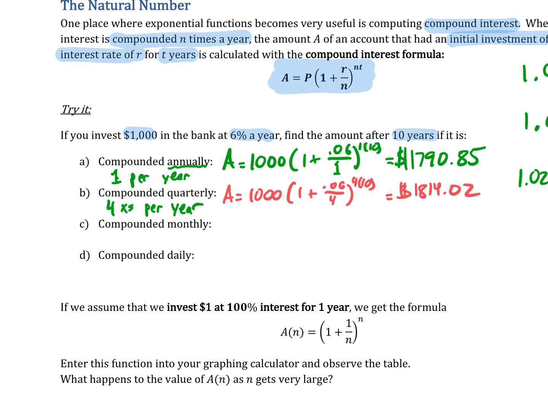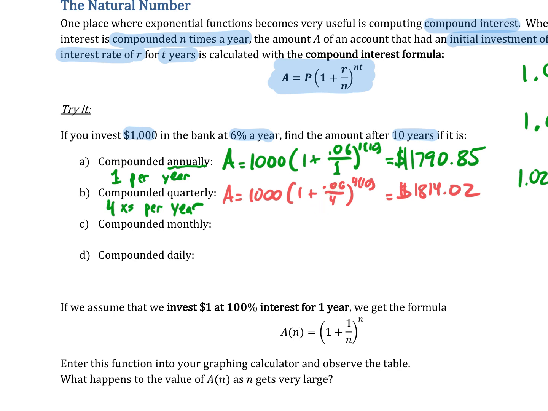All right. We get $1,814.02. So what happened, little history here, banks were saying, all right, we'll give you interest once a year, and we'll give you that interest payment at the end of the year, and here you go. Get $790. Then some banks said, well, you know what? We'll give you a little better deal if you come put your money in our bank. We'll give it to you 4 times a year, but we're not going to give you the full interest. We're only going to give you 1/4 of the interest.